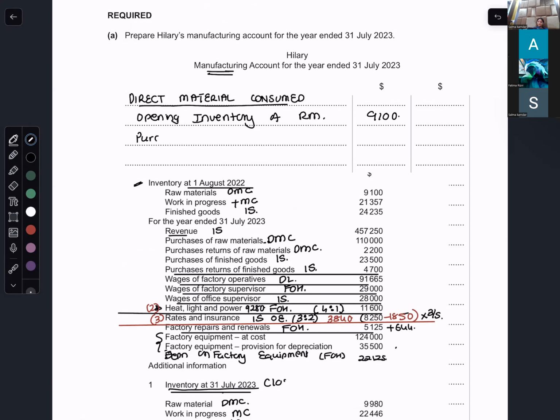Then you will add what? Purchases of raw materials. Is there any purchase of raw material? Yeah. How much? 1,10,000. But there is also purchase return of raw material. We subtract that. So I will do it in the inner column.